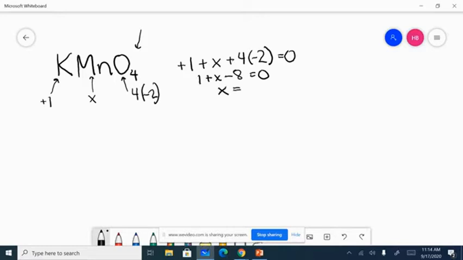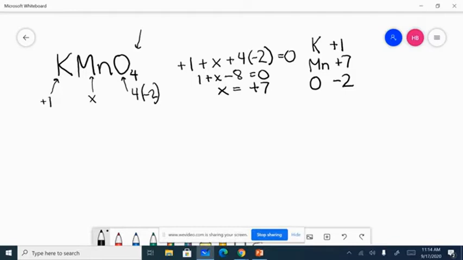So in this case, the oxidation state for manganese is +7. So potassium is +1, manganese is +7, and oxygen is -2.